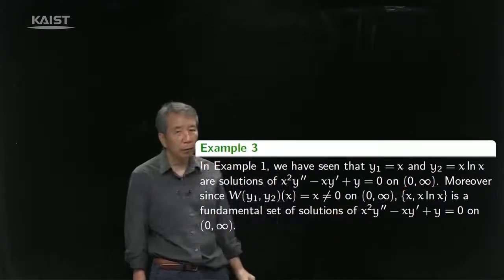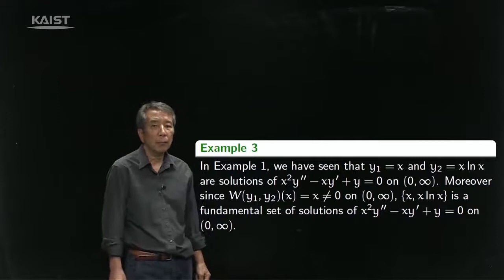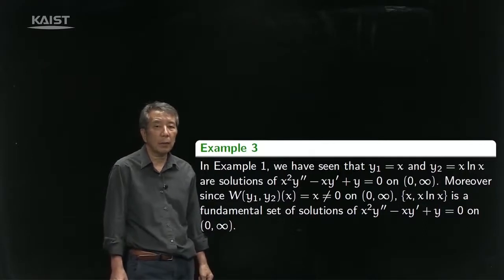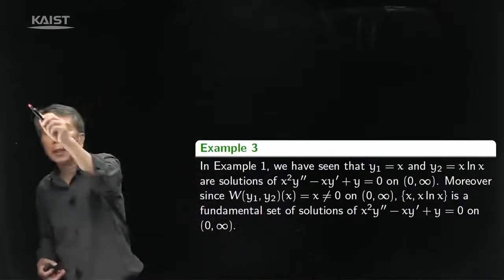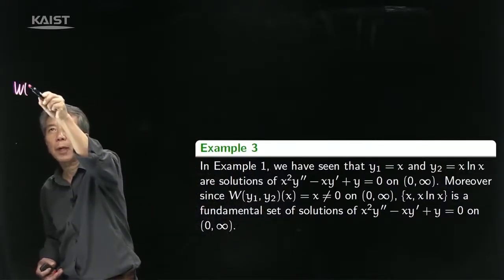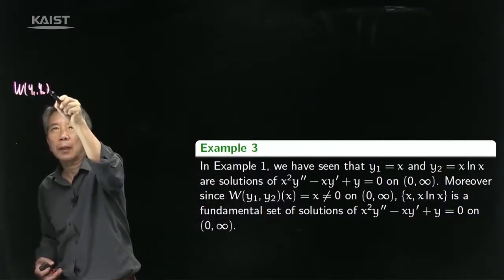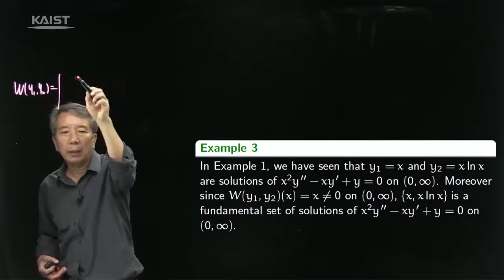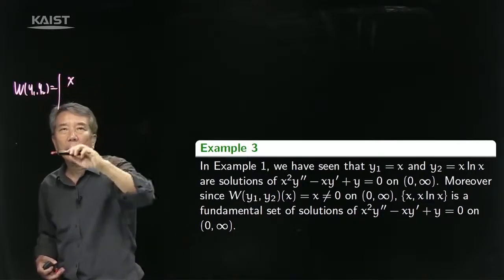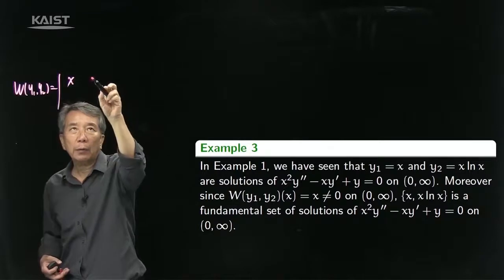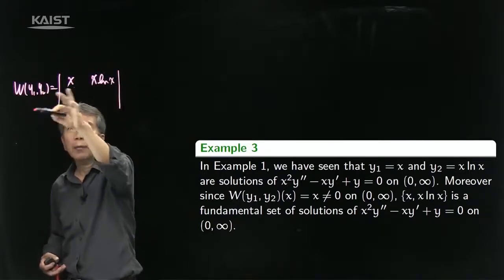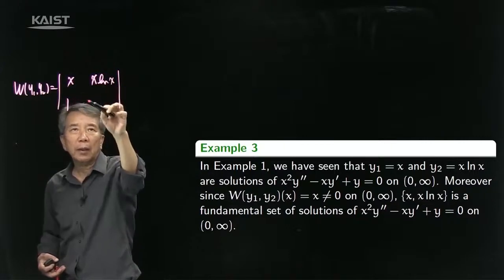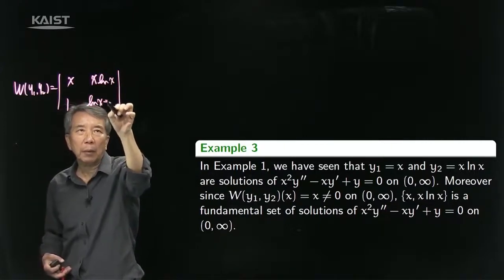Let's compute the Wronskian of y1 and y2. This is y1, which is x, and y2, that is x times the log of x. The derivative of y1 is 1, and the derivative of y2 is the log of x plus 1.